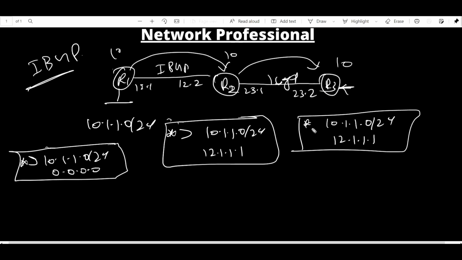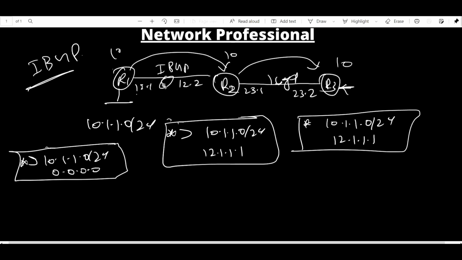So how will communication happen? You can configure a static route to make 12.1.1.1 reachable from R3. Or you can advertise this network, 12.1.1.0, in BGP, this link. But actually we never advertise WAN links in BGP, right?